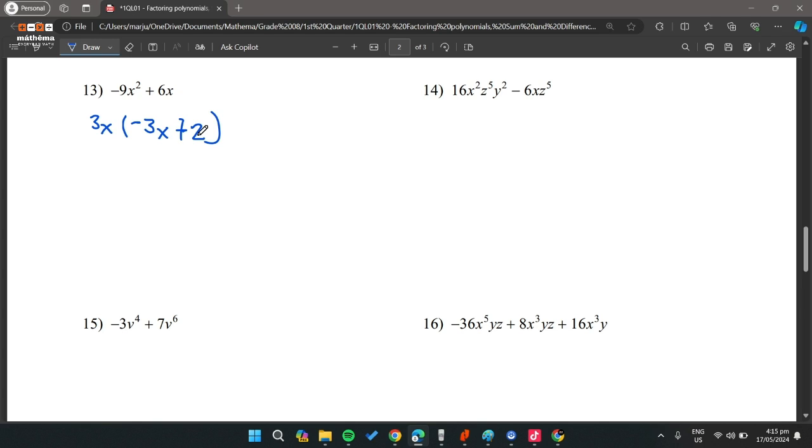Alright. Now, number 14. Kindly give me the common factor. Alright? The common factor. What is the common factor? That is for the number. What about the variables? 16 is not divisible by 6. So 2 is correct for the number.